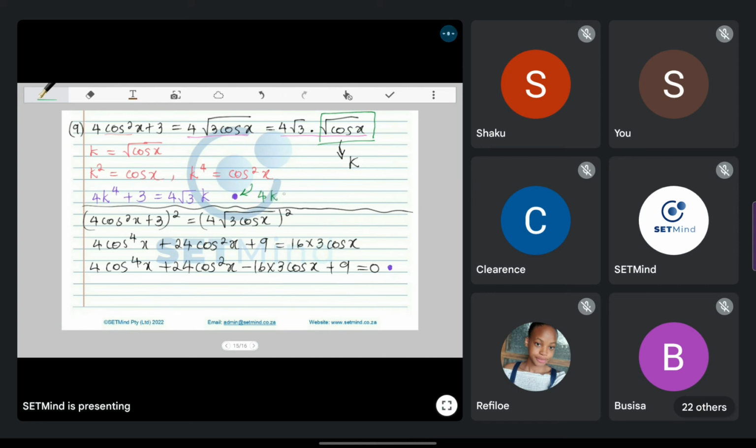So 4k to the 4 minus 4 square root 3 k plus 3. I'm going to need at least one factor for me to solve this. I'm going to need a k which can make this entire expression 0. That needs some thinking.